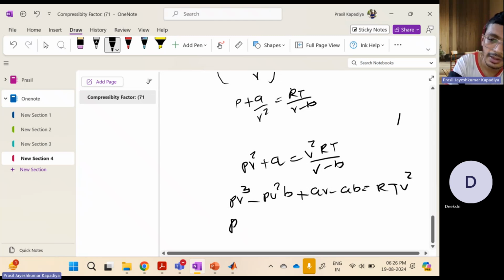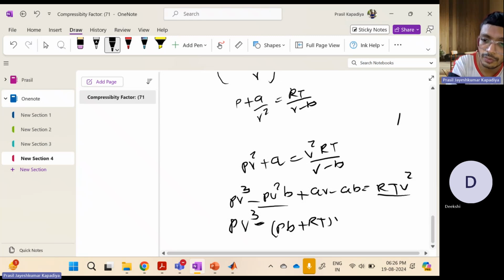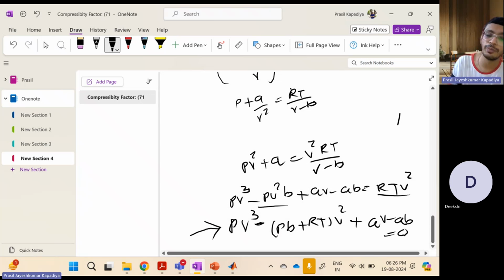So my equation will be P into V cube, then the V square term minus PB plus RT into V square, and now the V power 1 term AV minus AB is equal to 0. This is a cubic equation and I need to solve this.